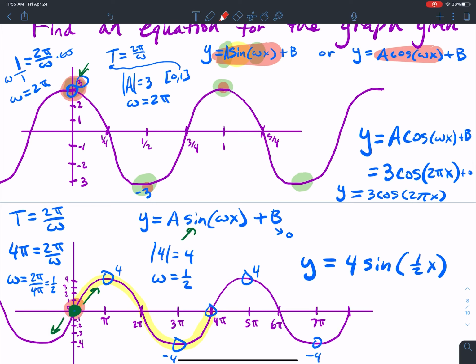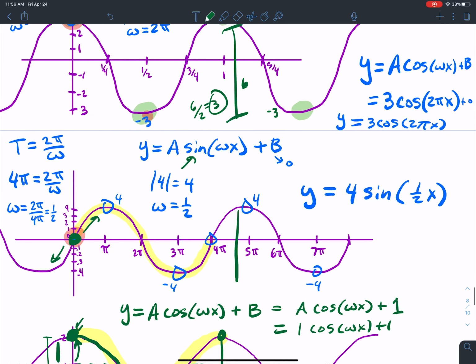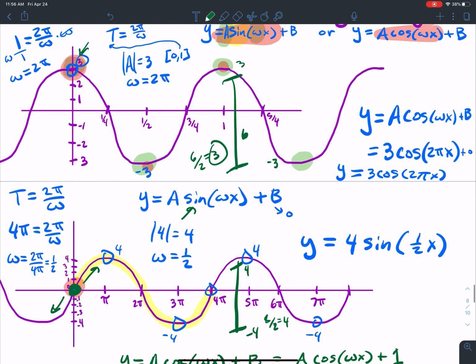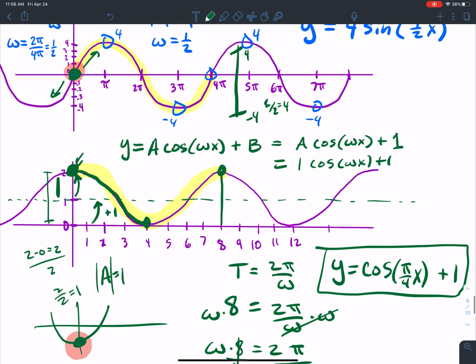Like for this one here, it went from 3 down to -3. That's a distance of 6, right? If I take that distance and divide by 2, I get an amplitude of 3. Same thing here: the distance between 4 and -4 was 8, and I take that 8, divide by 2, and get my amplitude of 4.